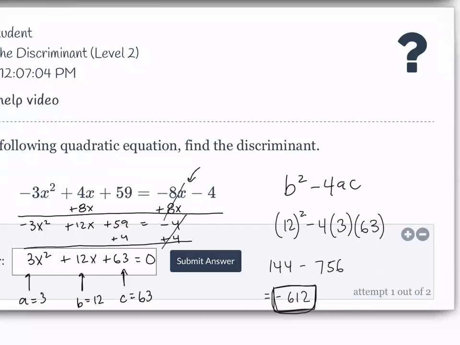Then we added 4 on both sides, 59 plus 4 gives you 63. That's good. So A is 3, B is 12, C is 63. So 12 squared is 144, and then minus 4 times 3 times 63, 756.